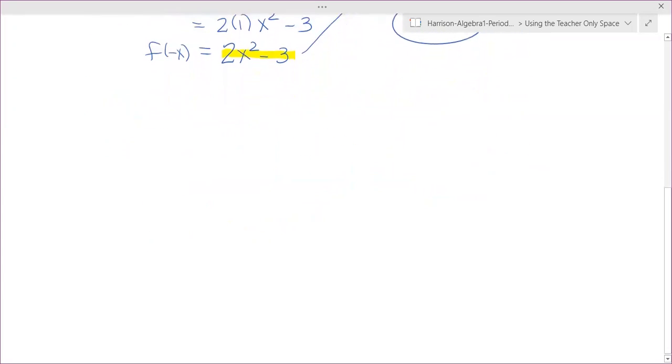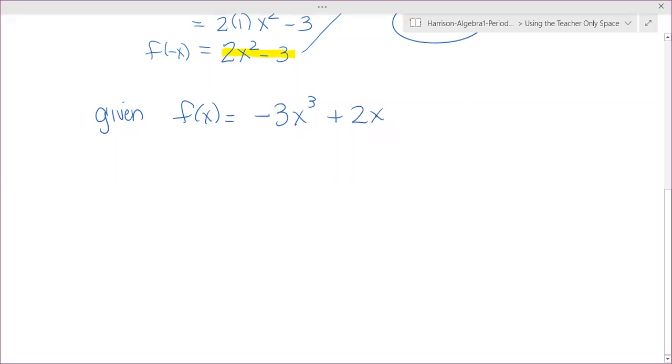Let's try another example. Let's say we are given f of x equals -3x cubed plus 2x. And I won't write out all the directions, but we will find if it's, I'll abbreviate, find if it's odd, even, or neither. Okay, so remember what we're going to do is find f of the opposite of x.